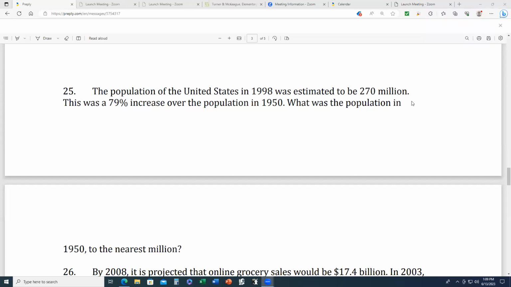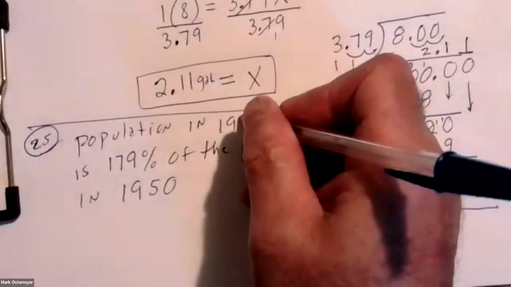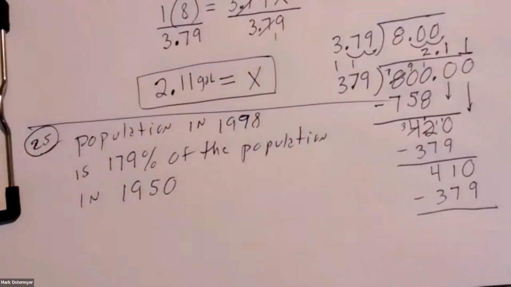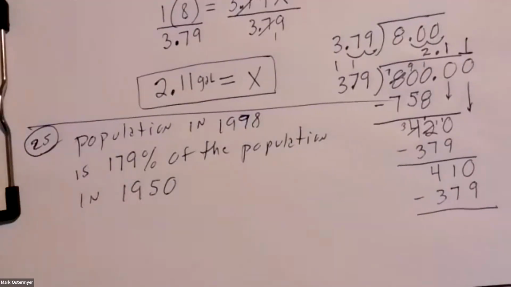I'm sorry, I can see your paper. Yeah, I'm going to show you in a second. Where did you get 179%? The population in 1998 is 179% of the population in 1950, because that represents a 79% increase. Do you agree? Yes. From 1950 to 1998. Isn't that true? Yes.